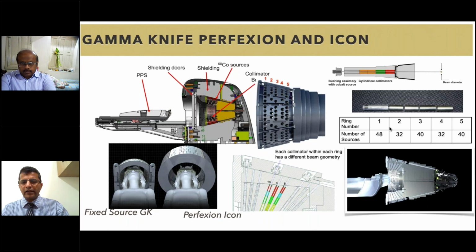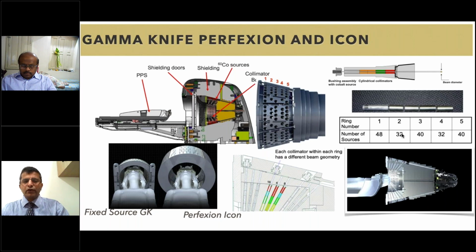The first ring will have 48 source combinations, the second will have 32, the third 40, the fourth 32, and the fifth again 40. So this is the source arrangement in Gamma Knife Perfexion and Gamma Knife Icon.